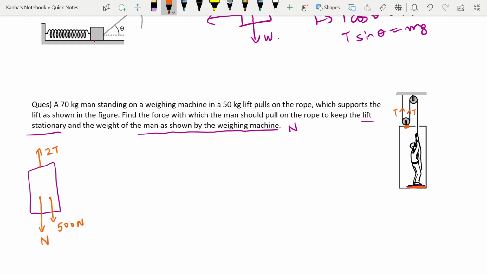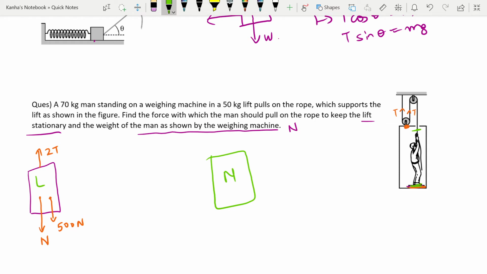Now I can make this same thing for the man. I'll make it in green. So this was my lift. I'll make my man as a block again. So I separated the man from the system. The man is in contact with two places: one is this rope and one is the lift's floor.